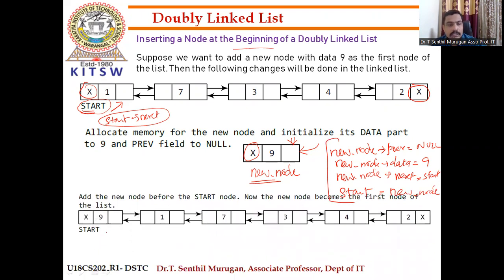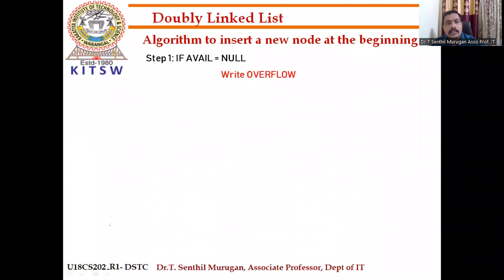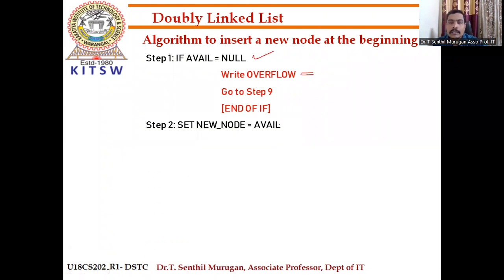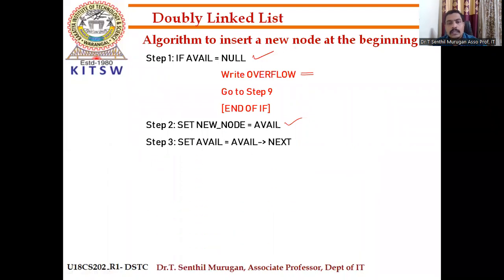Initially the start pointer points to here. So how is the algorithm? First we check whether memory space is available. If memory is not available, simply print overflow. If memory is there, the avail pointer allocates that memory to the new node. So the new node is created now. The avail pointer points to where free space is available in the free pool.